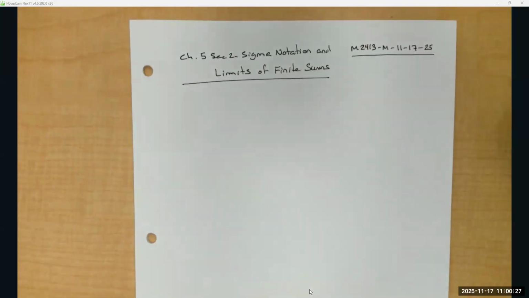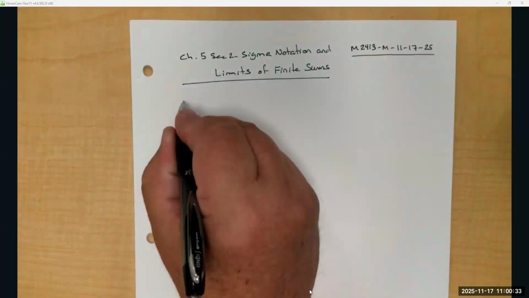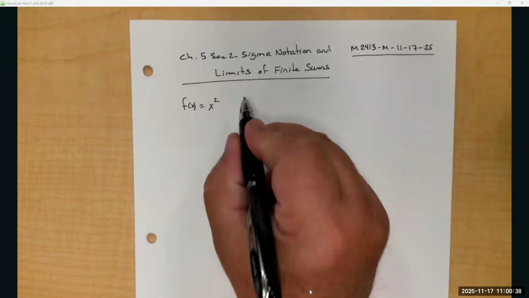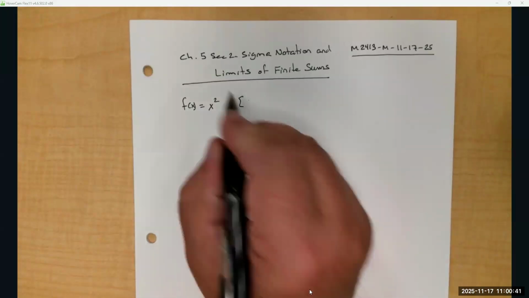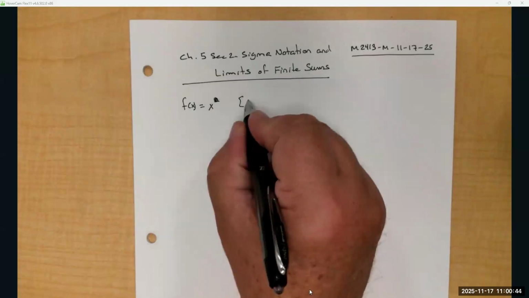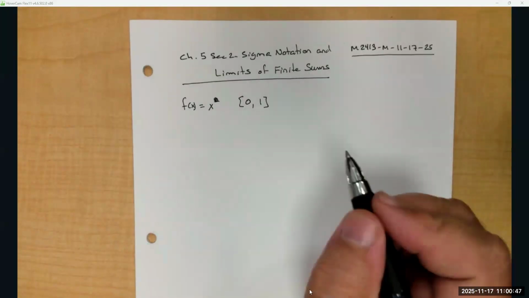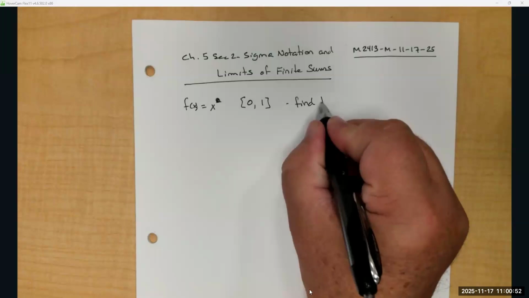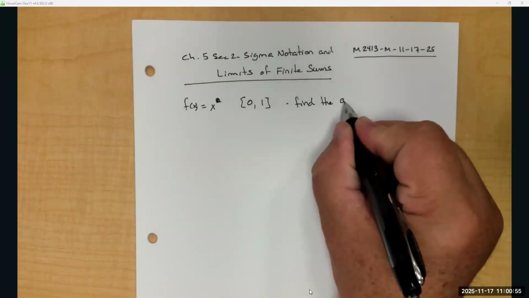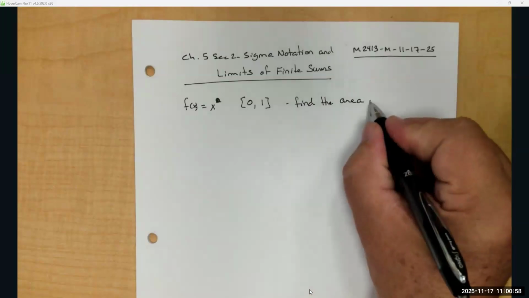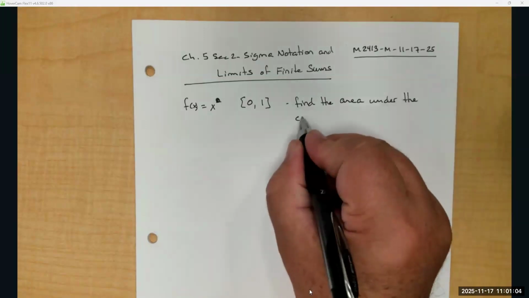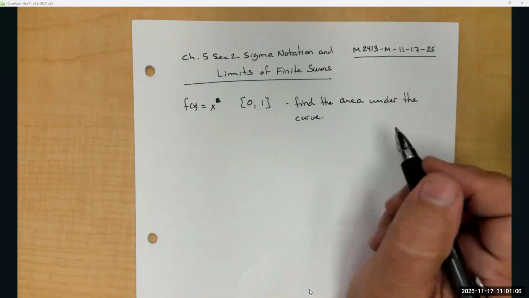In this section, we're now going to continue where we left off last time. Remember, last time we started off with a function, say y equals x within the interval from 0 to 1, and we're asked to find the area under the curve, even though it's not a curve, but that's generally what it means.